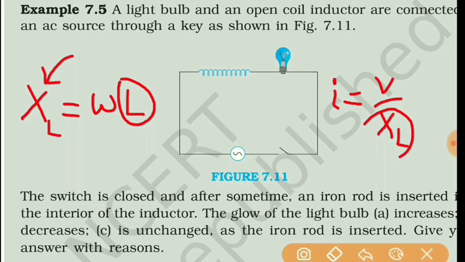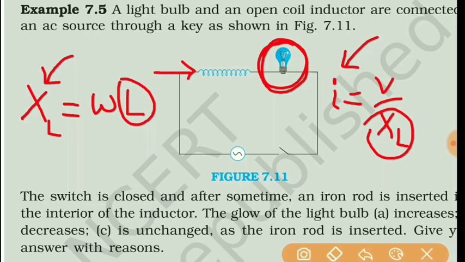So when XL increases, current decreases, and when the current is decreased in a circuit, the bulb will glow less, or it will shine less. So students, remember that we have studied in chapter number 6 that when a material is introduced inside the inductor, its inductance increases.